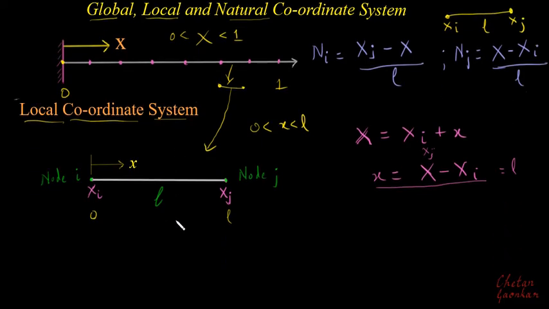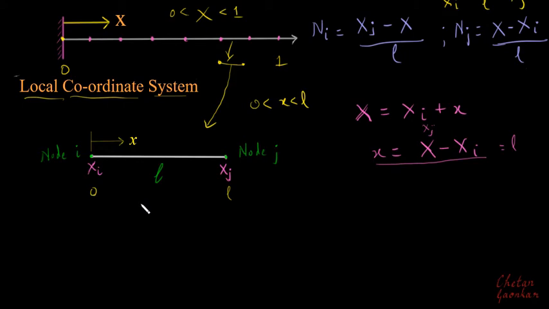Now, these shape functions which were derived in the Cartesian or global coordinate system, that is Ni equal to (xj minus X) by L, can be further simplified in terms of the local coordinate system.